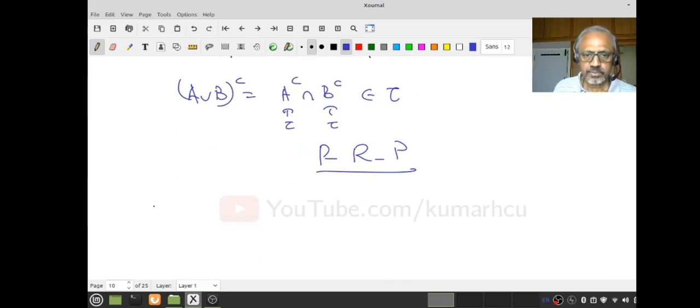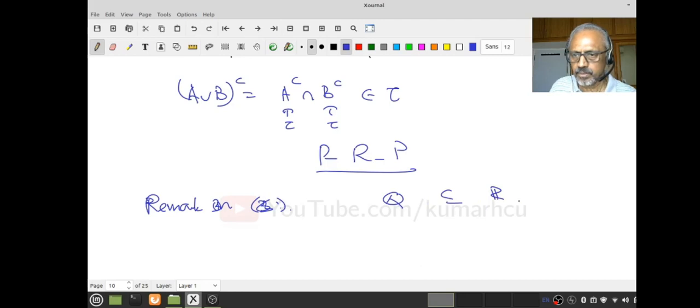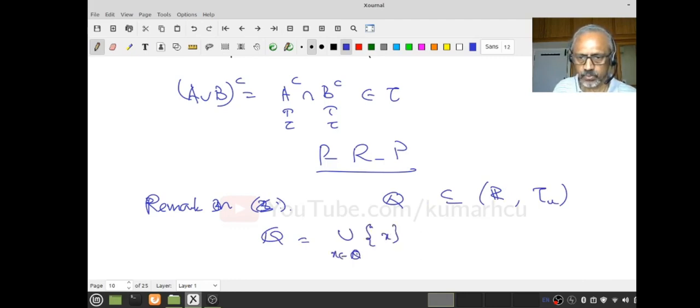Now just a remark on condition 3. For example, let us look at Q, a subset of R, with the usual topology or metric space topology. Now Q is a collection of singletons {x}, where x is in Q. And what do we know about each singleton? These are all closed sets, right?